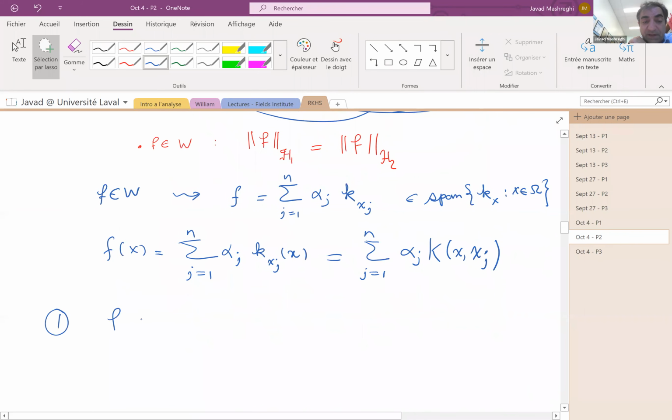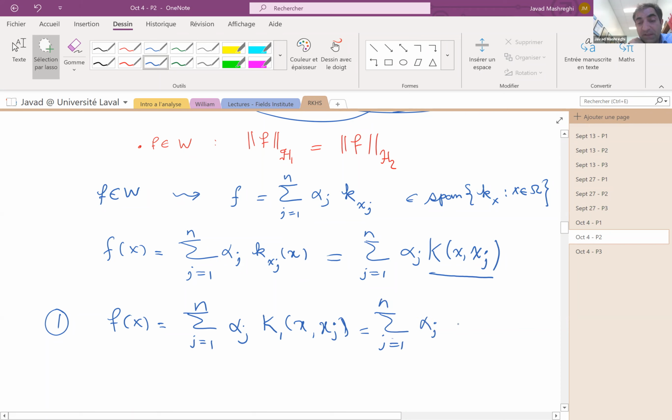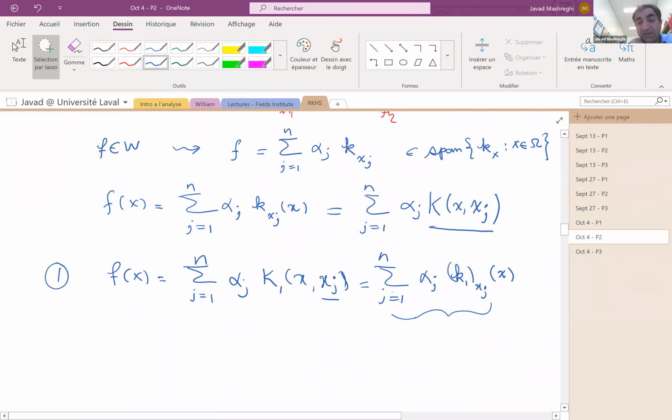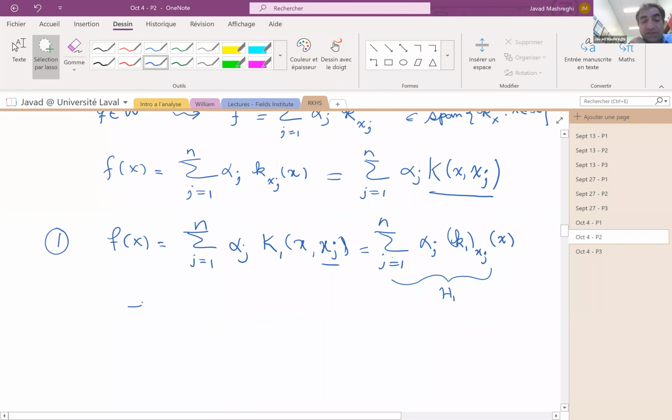First, I can write f of x equal to the sum j from 1 to n of alpha j. Instead of K, I write K1, because K is equal to K1. And so I can write alpha j, little k1, index xj at point x. And this is a function in H1, which is evaluated at the point x. So this interpretation shows that f is in H1.